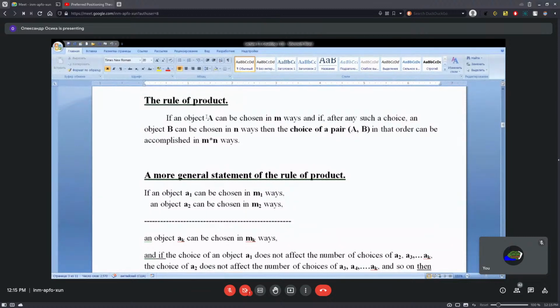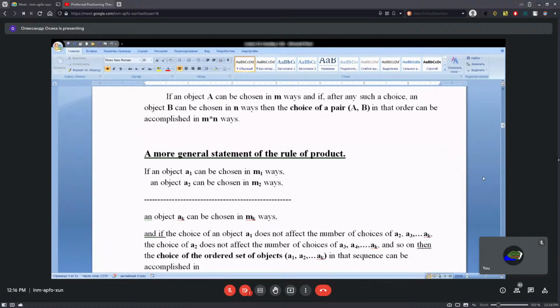If an object A can be chosen in m ways, and if after any such choice an object B can be chosen in n ways, then the choice of a pair A, B in that order can be accomplished in m by n ways.